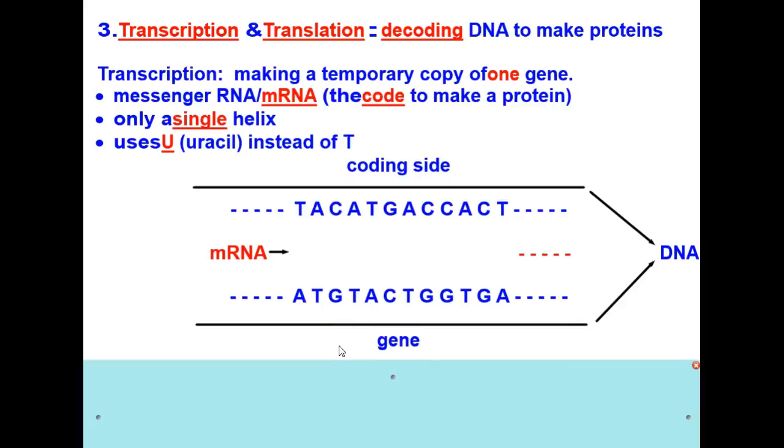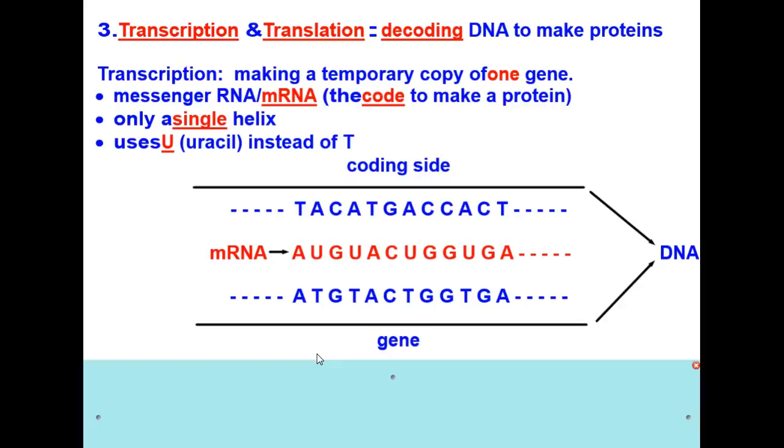And what's going to happen here is that the mRNA strand is going to code with the coding side of the DNA strand. So what would the letters be for this? Well, what would pair up with T would be A. What would pair up with A is not T in RNA, it would be U. And so on down through.